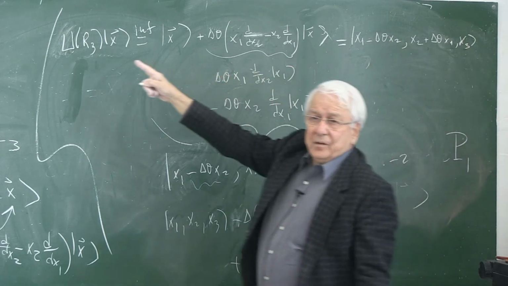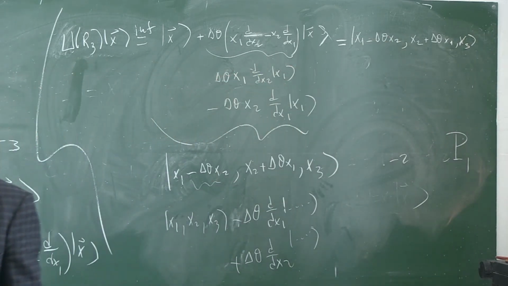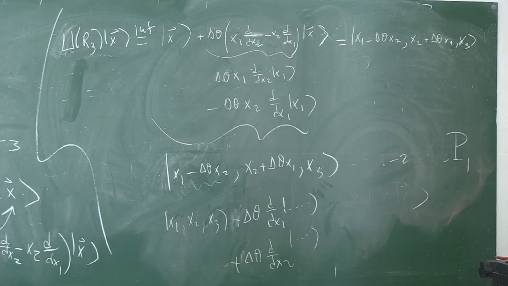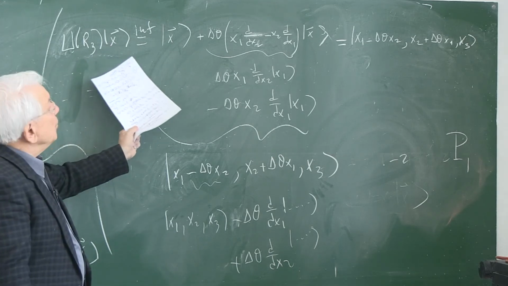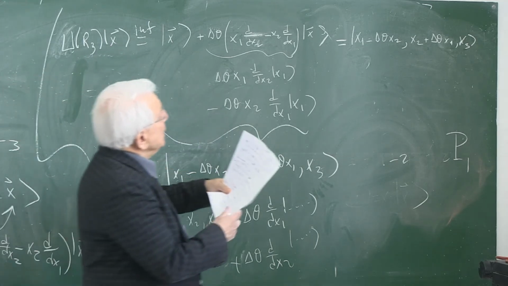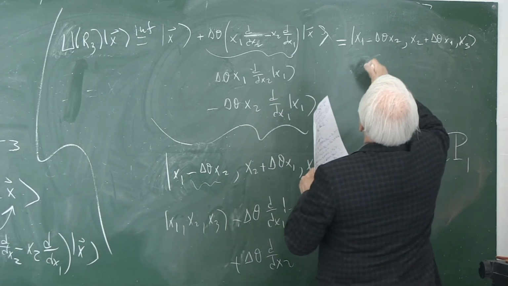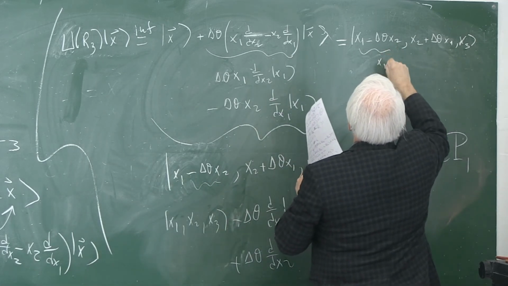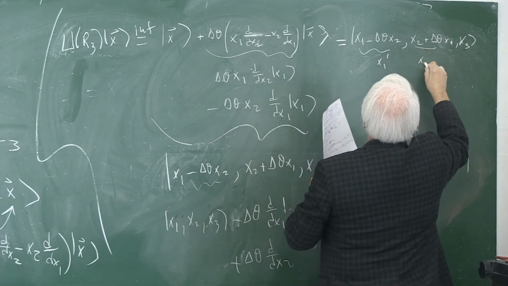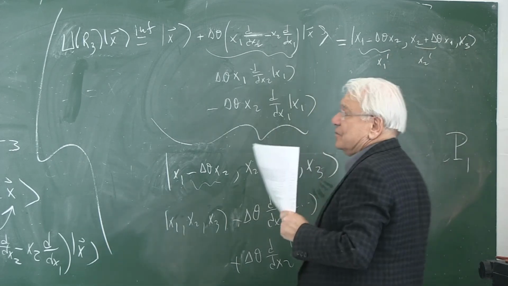So this is what it does. This U operator, which is constructed here as such, when it's acting on the position operator eigenvector basis, it changes x1 to this, x2 to that, x1 prime, x2 prime, and x3 because it's untouched.